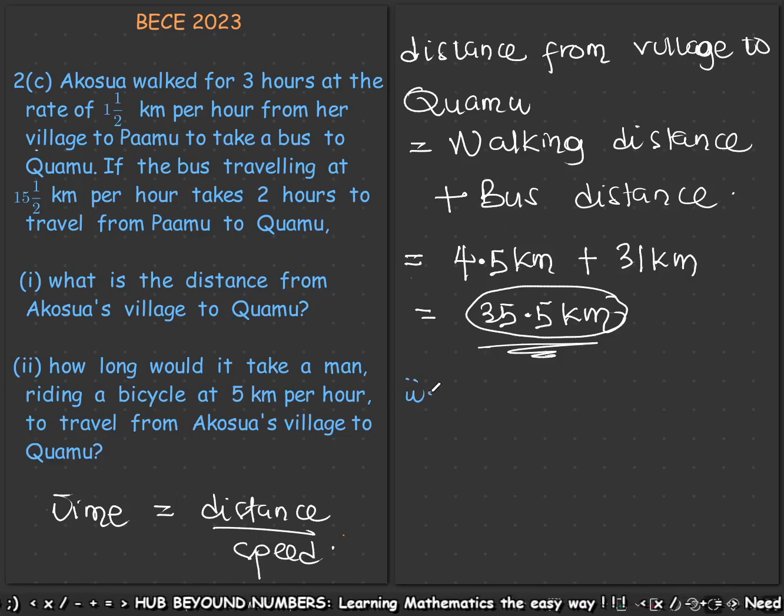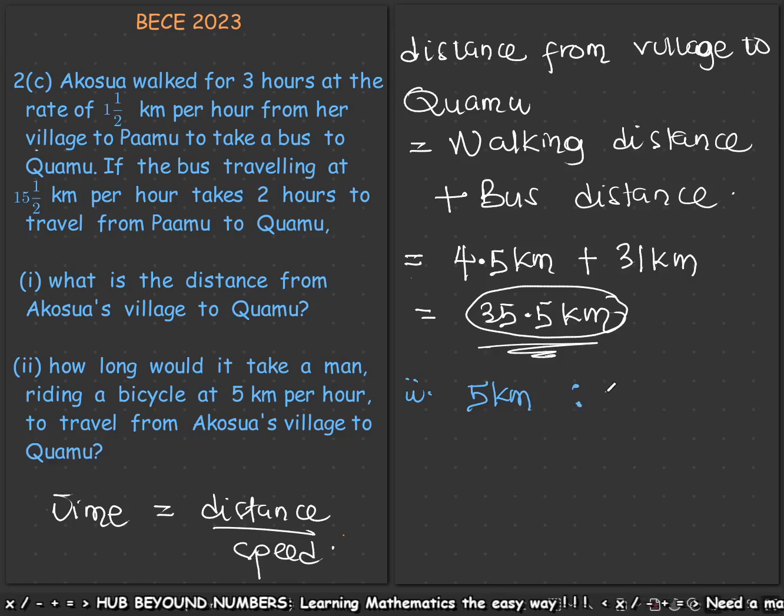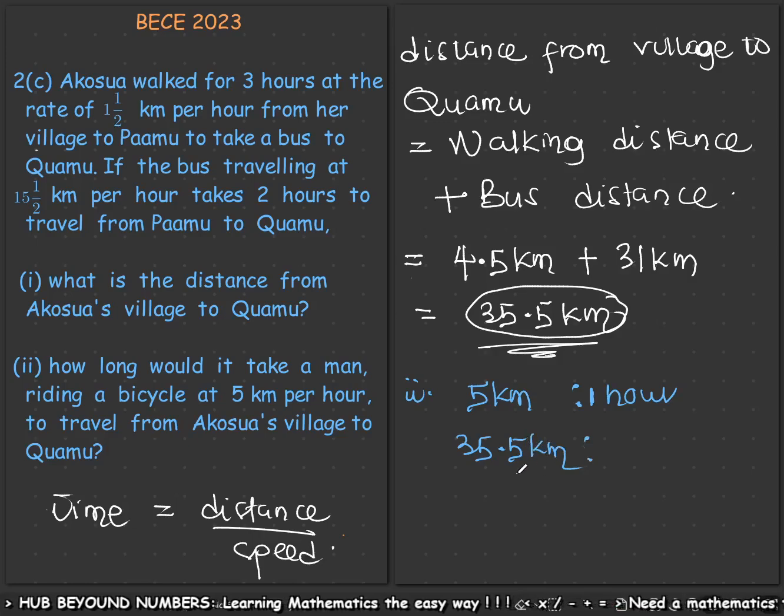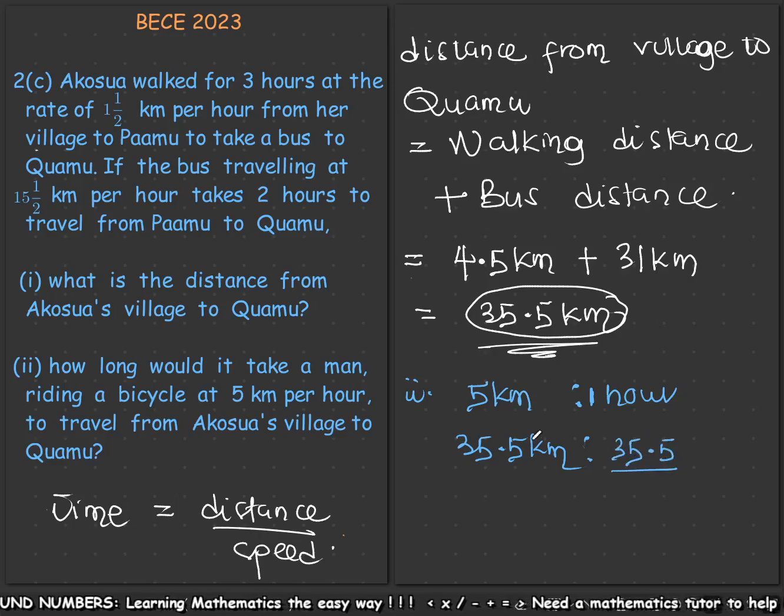So if he travels 5 kilometers per hour, that is for every 1 hour, then for 35.5 kilometers, he's definitely going to travel more. As in, the time is going to be more. He's going to need more time to do that travel. Hence, if more, let's divide. That is 35.5 over 5 times 1, the distance over what we have over here.